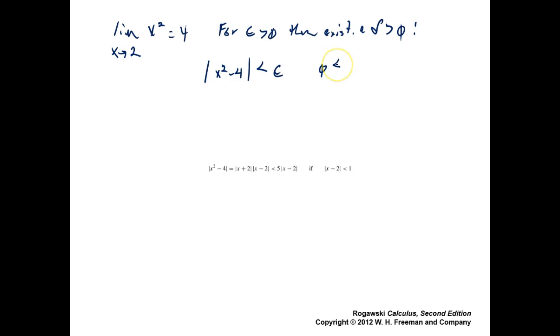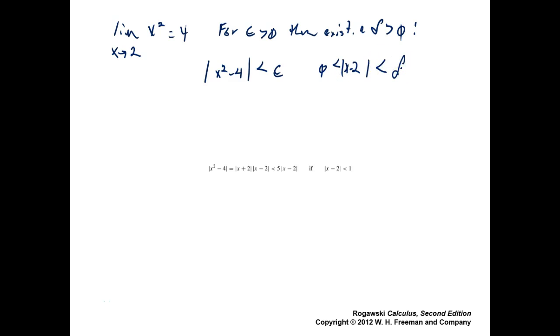So what would we have to do? For any epsilon greater than 0, no matter how small you choose, there exists a delta, which is also a small positive number, delta greater than 0, such that the absolute value of x squared minus 4 needs to be less than that epsilon whenever 0 is less than the absolute value of x minus 2 is less than delta.